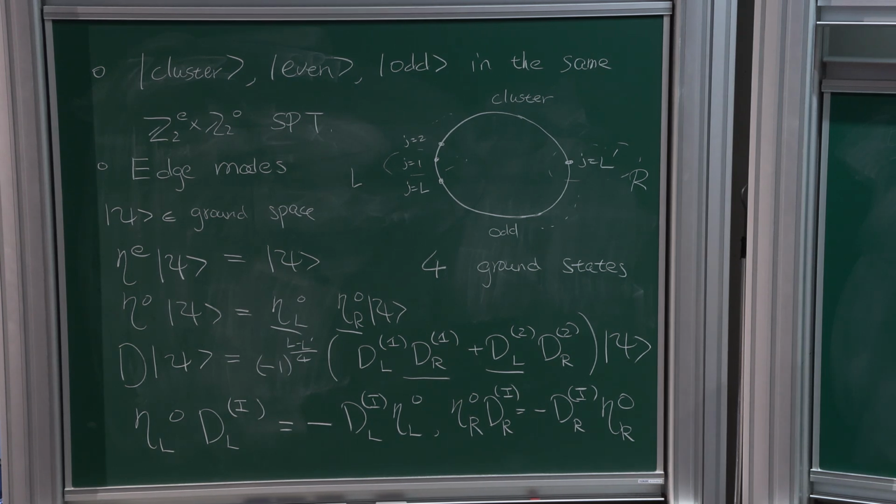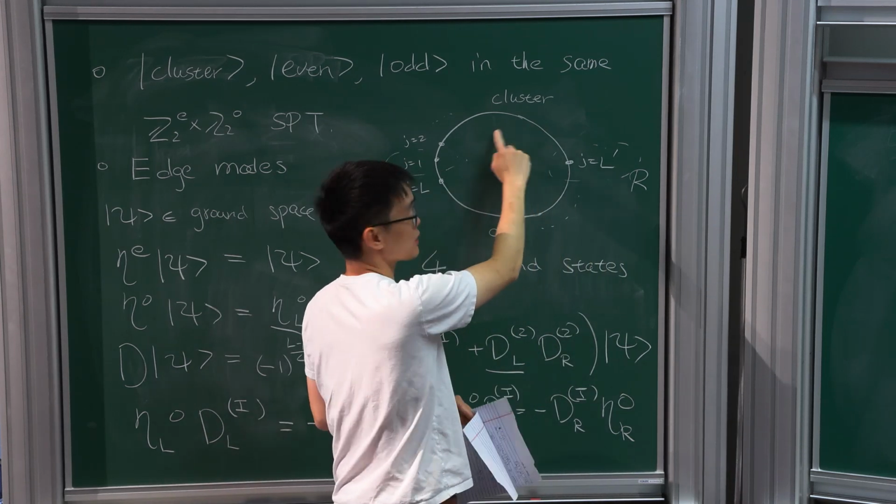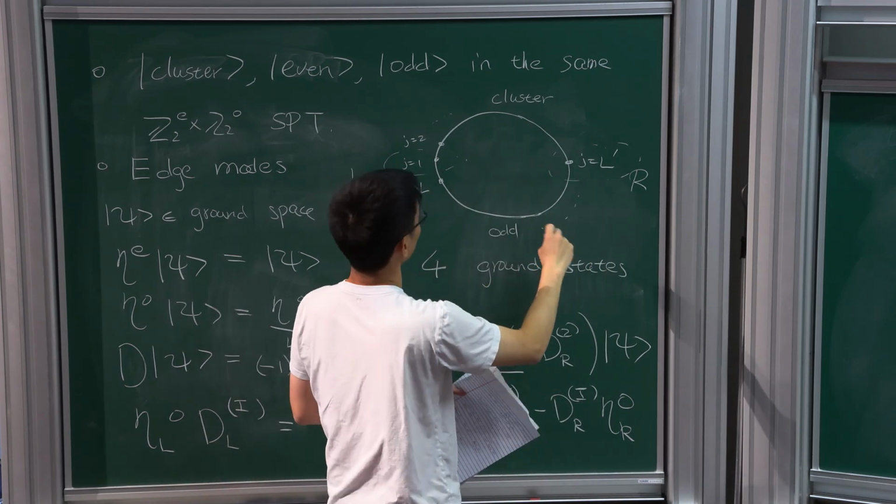Can you describe what the Hamiltonians look like? I could, yeah. It's just a little bit complicated. Deep down here it is just minus ZXZ. Okay.